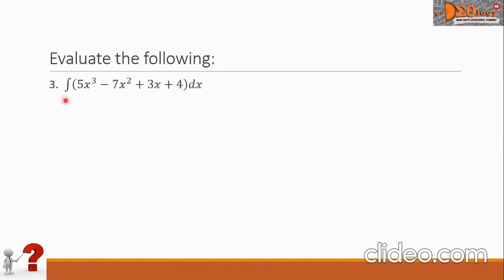Example 3. The integral of the polynomial 5x cubed minus 7x squared plus 3x plus 4 dx. From here, we're going to take the integral of each of the terms of the polynomial.